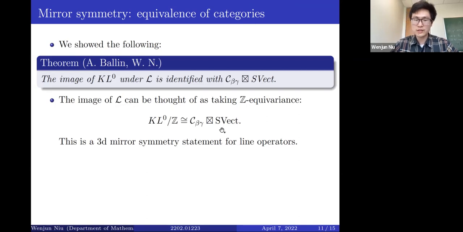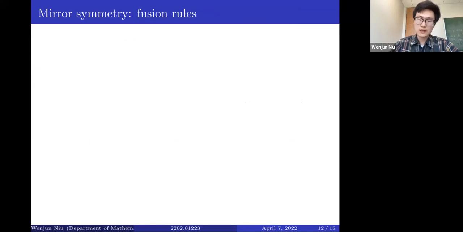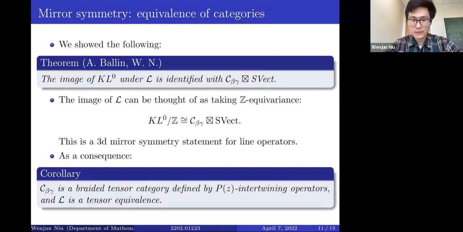And this is a 3D mirror symmetry statement, because on the right-hand side, it's a category defined from the beta gamma VOA. That's the A side. On the left-hand side, it's defined from the affine superalgebra of GL(1|1), which is the B side category. And as a consequence, this curly C beta gamma is a braided tensor category defined by line operators.